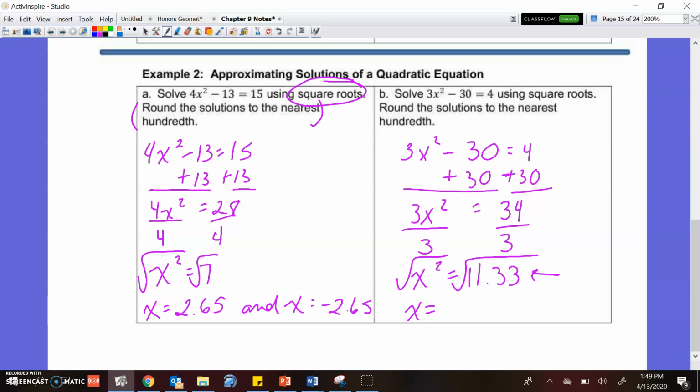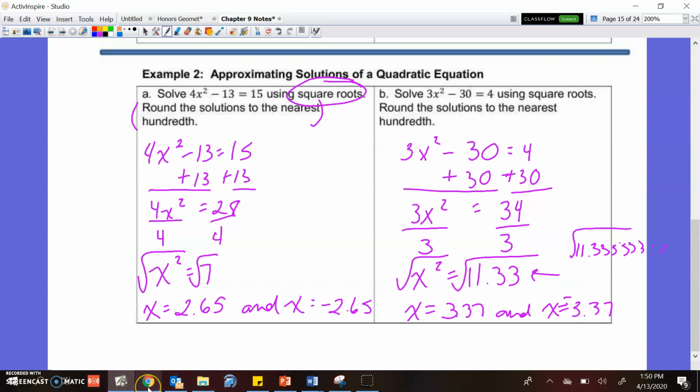So what I mean is on my calculator screen, my calculator just took the square root of 11.3333, and the 3's continued all the way on to the end of the screen. It's going to be a minor difference, if any, but it's good practice. And as I said in class, when you get into some higher sciences, you're going to talk about significant digits, and a lot of that will come to play then. So we have two answers, 3.37 and negative 3.37.